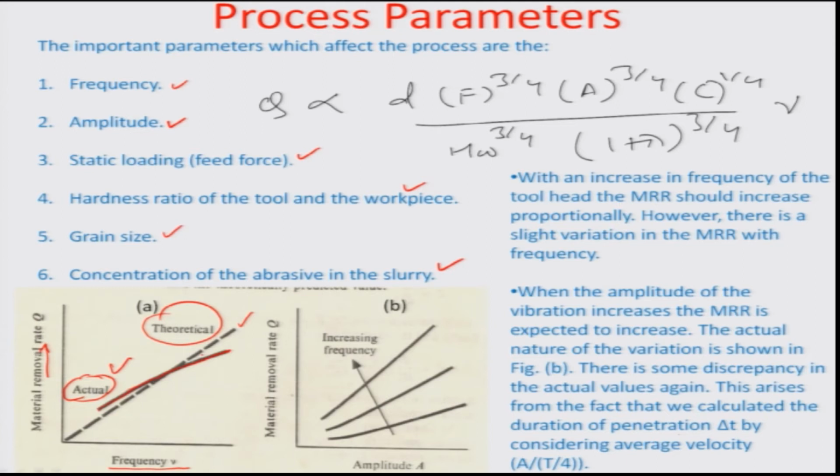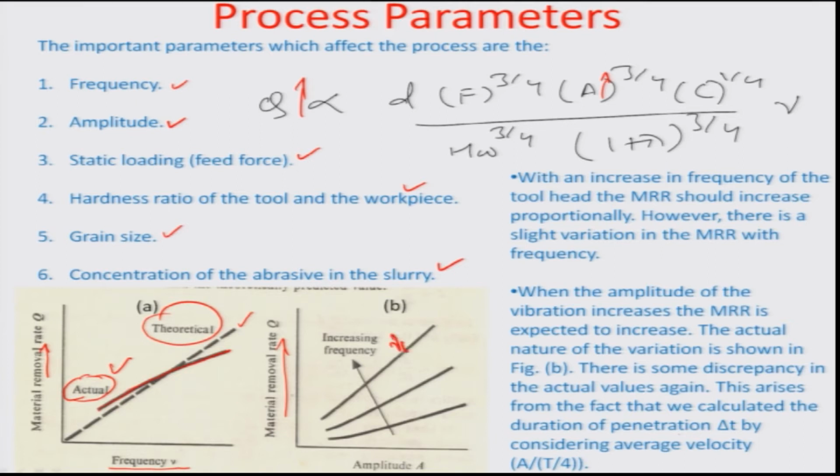Similarly, for variation with respect to amplitude, obviously there will be an increase in the MRR if the amplitude also increases, but as you vary the frequency and the combination of amplitude and frequency, you will see MRR to be more and more as the amplitude varies along with the frequency.